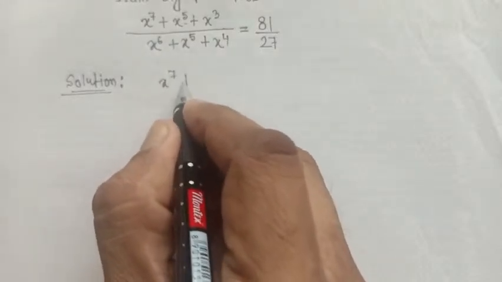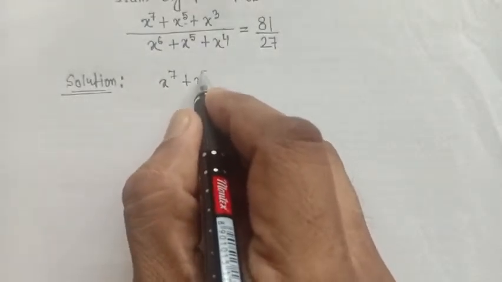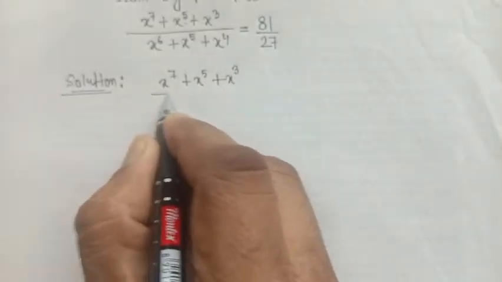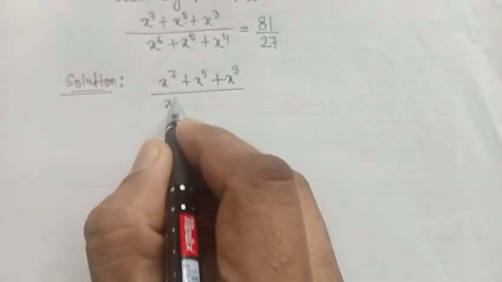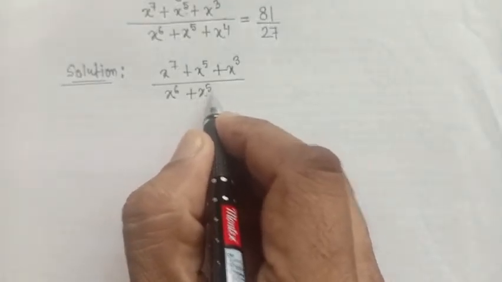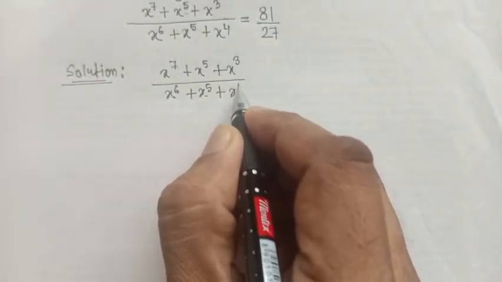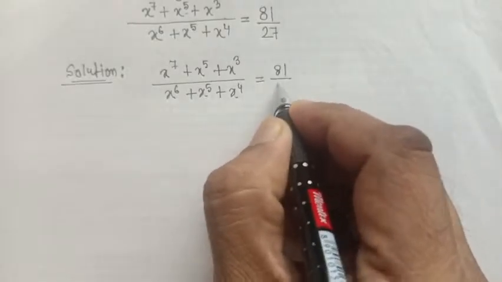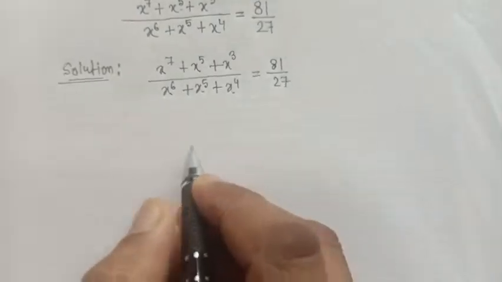We have the expression (x to the 7 plus x to the 5 plus x cubed) by (x to the power 6 plus x to the power 5 plus x to the power 4) is equal to 81 by 27.